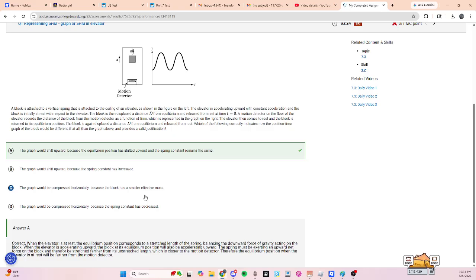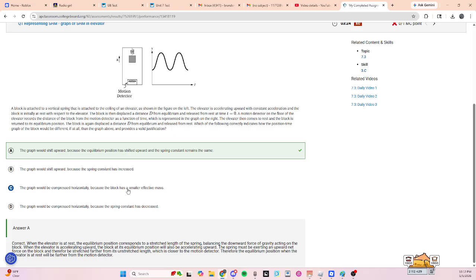The spring must be exerting an upward net force and therefore be stretched further from its unstretched length. Okay, so it stretches the spring more, and when it oscillates, the displacement from the equilibrium point is higher, since it gets stretched more.